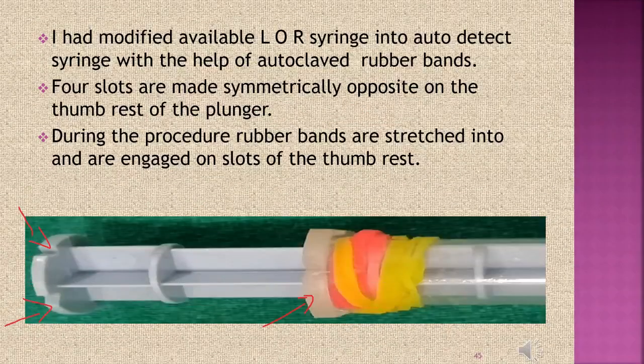I have modified available LOR syringes into autodidact syringes with the help of autoclaved rubber bands. What I have done is make 4 slots symmetrically opposite on the thumb rest of the plunger. So during the procedure, rubber bands have to be stretched and engaged on the slots of the thumb rest.